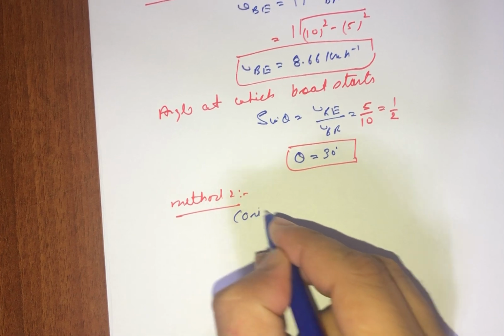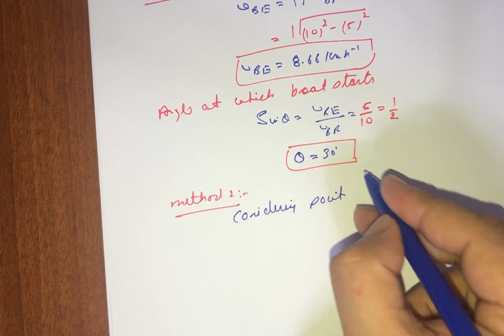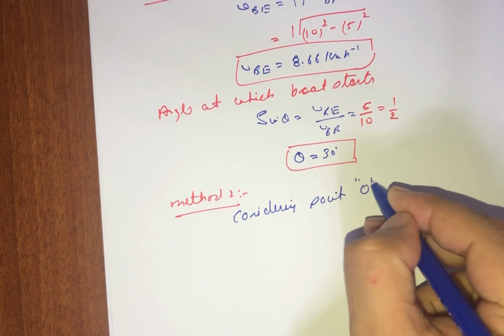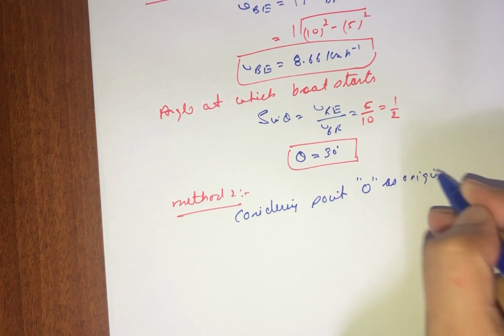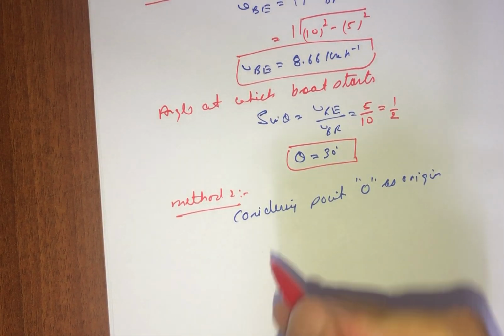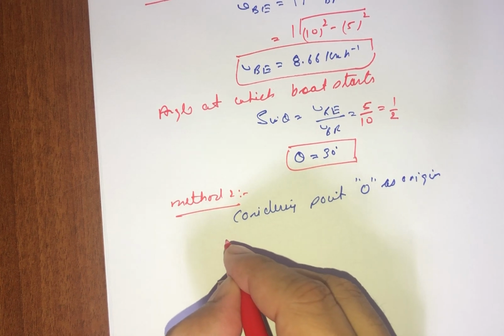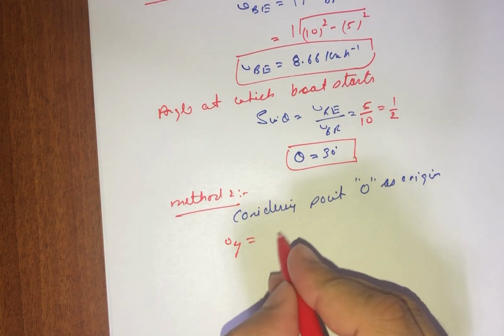Considering point O as origin, we can say that velocity in y direction, that is Vy, will be equal to VBE.